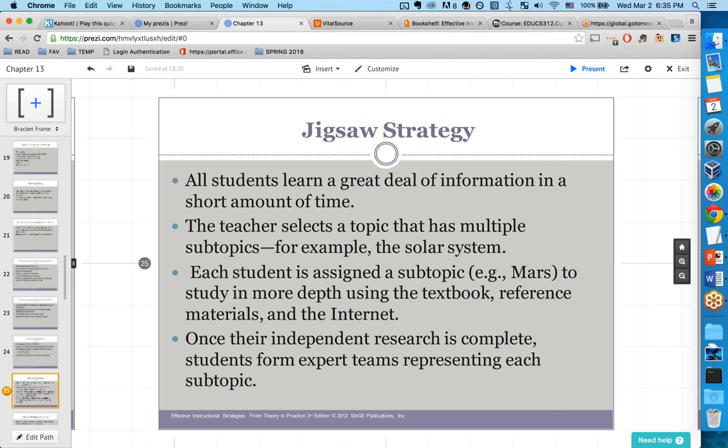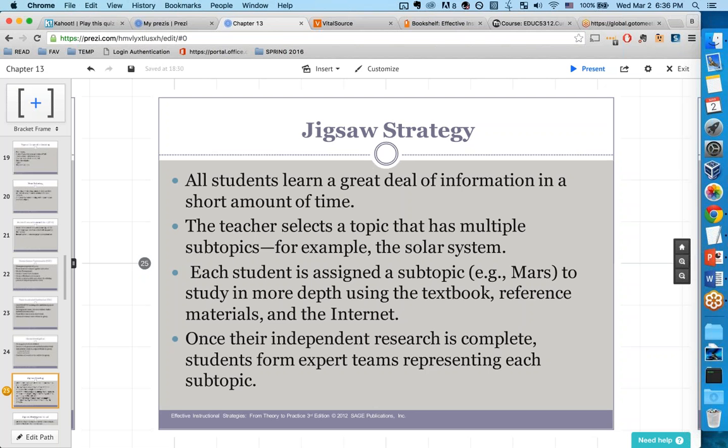There's also the jigsaw strategy, which is part of cooperative learning. All students learn a great deal of information in a short amount of time. So teachers typically select a topic that has multiple subtopics, for example, the solar system. Each student is assigned to a subtopic, for example, the planet Mars, to study in more depth using a textbook or some other materials such as the internet.